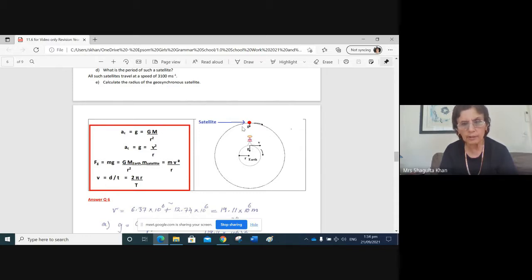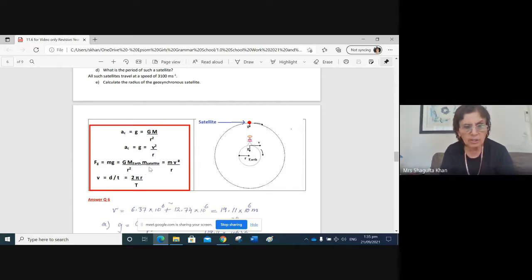So if we want to find out the force on the satellite, so this satellite is going round and round. And what is keeping it in its circular path is the gravitational force, which is towards the center of the Earth. That gravitational force will be equal to G, the gravitational constant, times the mass of the Earth, times the mass of the satellite, over r square.